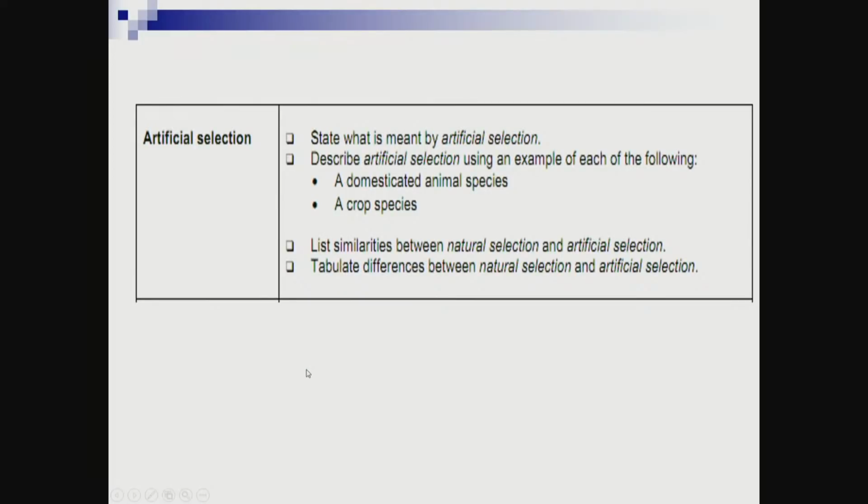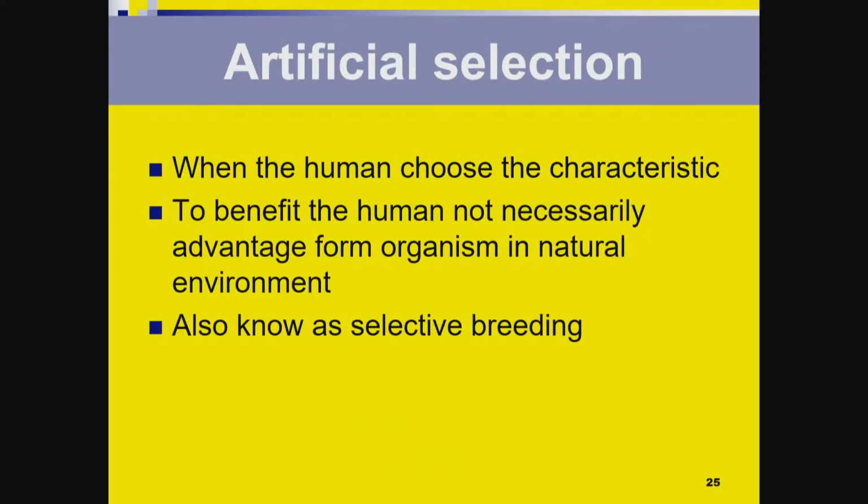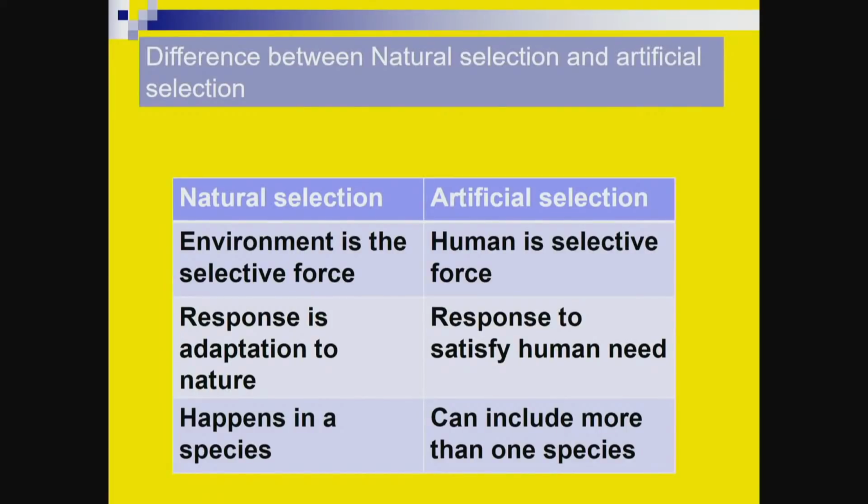State what is meant by artificial selection and natural selection. Tabulate differences between natural selection and artificial selection. Very, very important that we know the differences on this one. And I want to go to this particular slide where we tabulate the differences between natural selection and artificial selection.